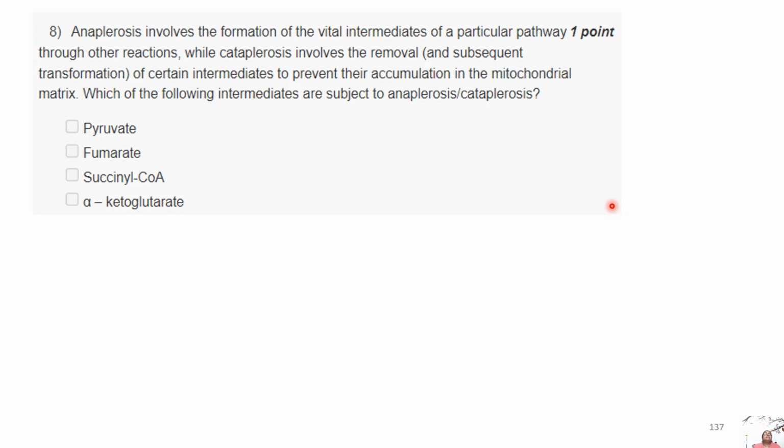As we were discussing the previous question, these two terms came up, so we said that we'll discuss it in the next question. So this is the next question. These are the four options: pyruvate, fumarate, succinyl-CoA, and alpha ketoglutarate. Which one of these do you think is the correct answer? Anybody?